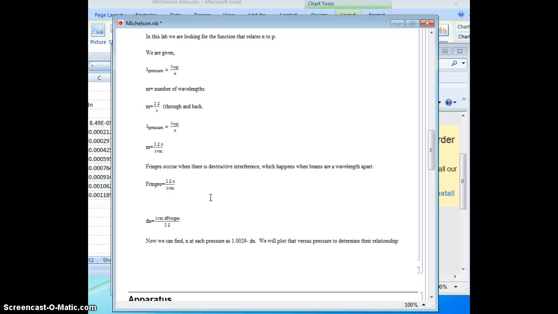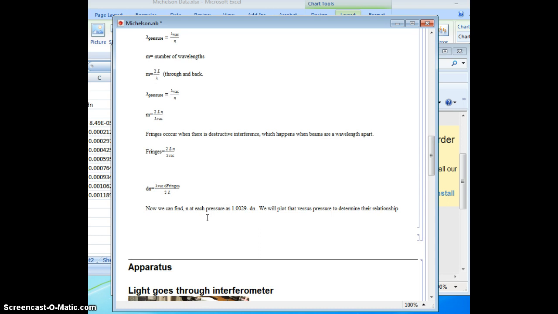We know what the zero is, which is 1.029, and then atmospheres for vacuum. But anyway, the change in n is the change in fringes times lambda in vacuum, divided by 2L, which is the optical pathway.